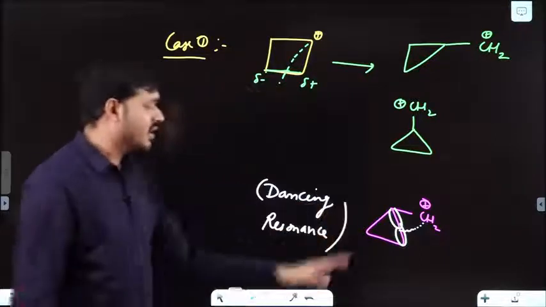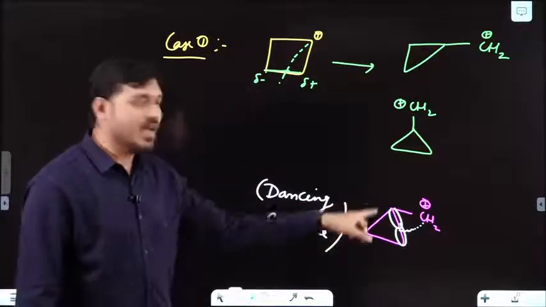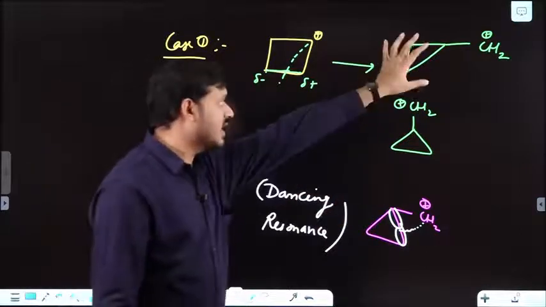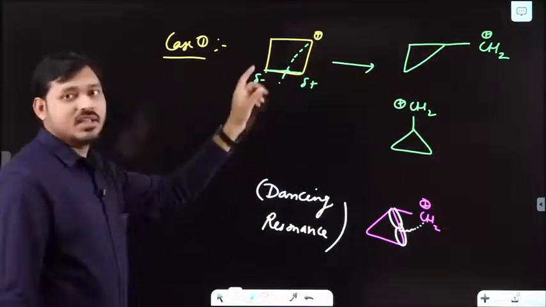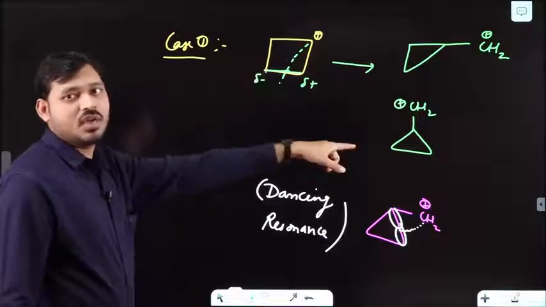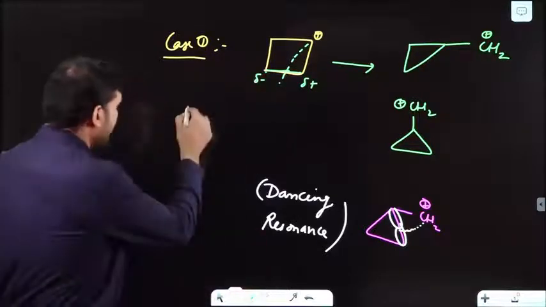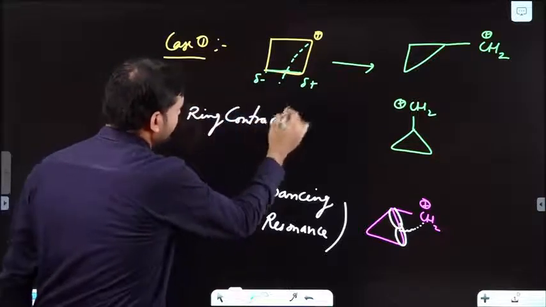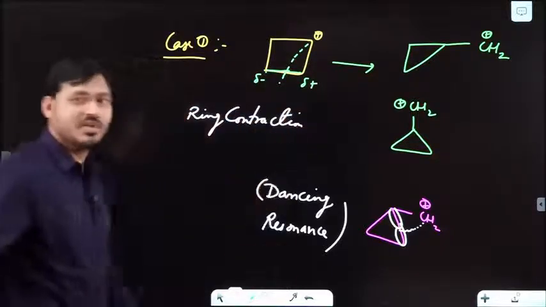In that way, this cyclopropyl methyl carbocation becomes highly stable. So this ring is highly stable. So there is a tendency of a 4-membered ring to convert into a 3-membered ring. This is called ring contraction. You can note this case.